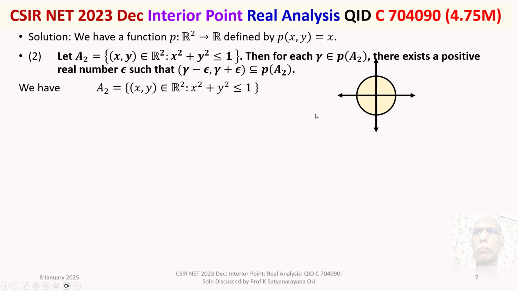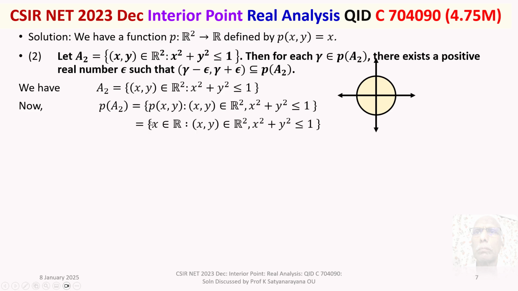Right. So, P of A2 is P of these ordered pairs, and the P of an ordered pair x comma y is x only, where x comma y belongs to R square and x square plus y square is less than or equal to 1. All x coordinates of all the points that lie inside and on the unit circle. Who are they? This is the closed interval -1 to +1.